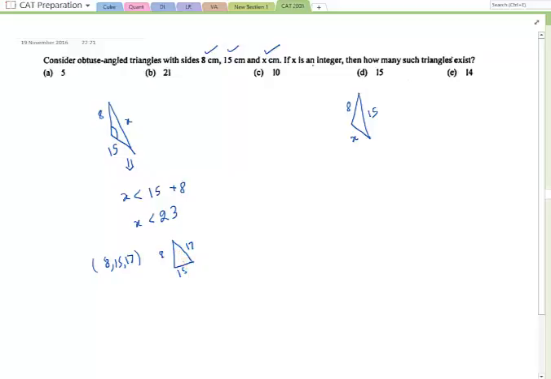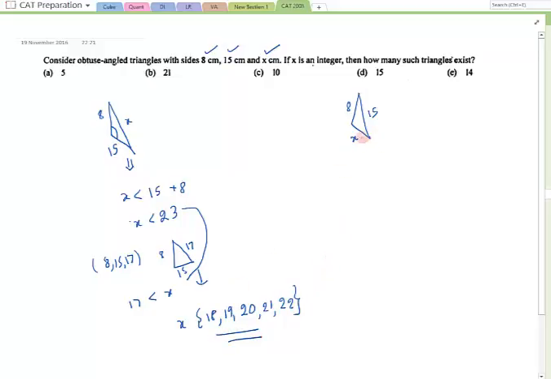So as we increase this angle, x will have to be more than 17. So x will be greater than 17 and less than 23. Combining these two, we can say that x will be 18, 19, 20, 21, and 22. These are the 5 integer values that x is allowed.